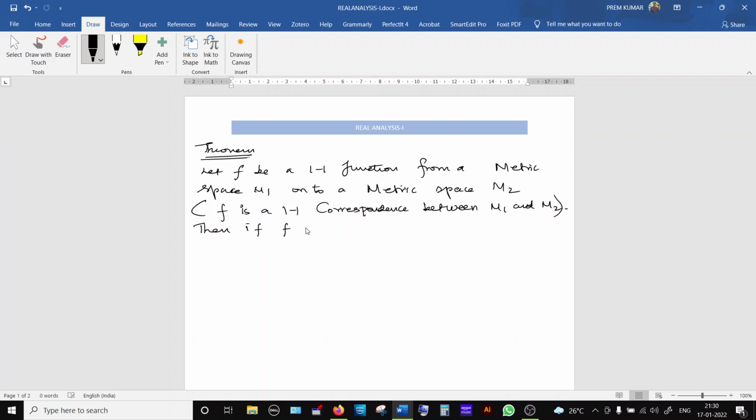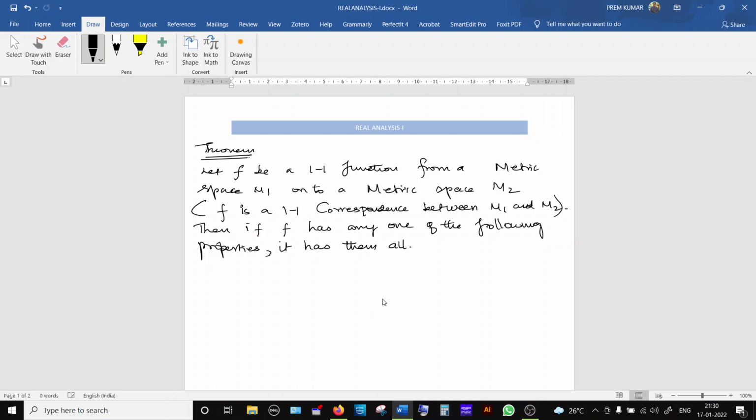if f has any one of the following properties, then it has them all.